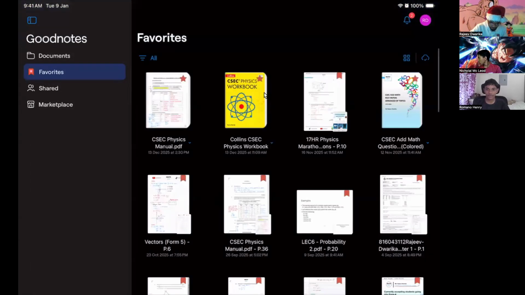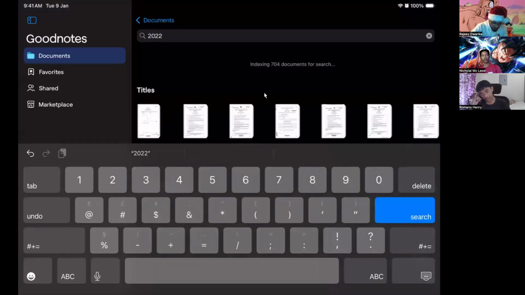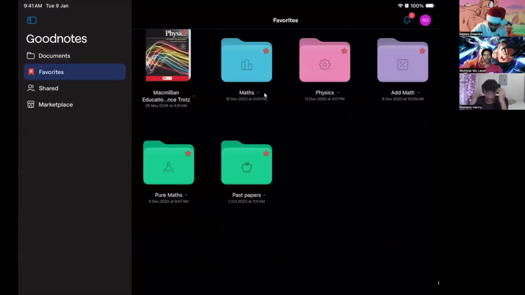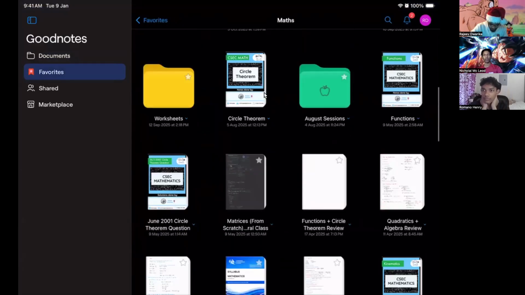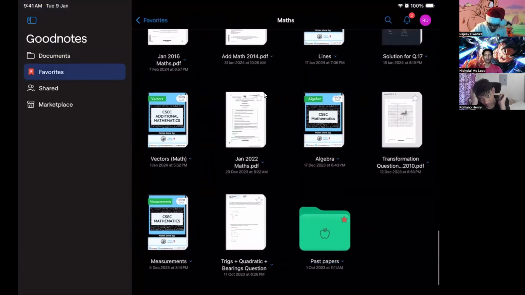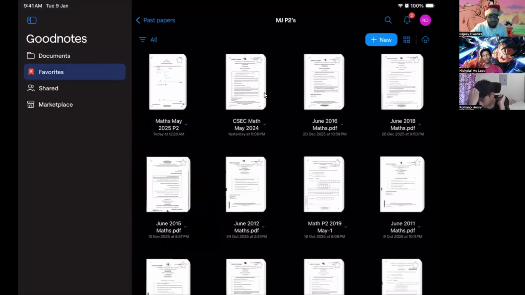So 2021. I think that was COVID, you know. Yeah, for COVID they didn't have it. Did I write CXC in 2020 or 2021? I think it was 2021.